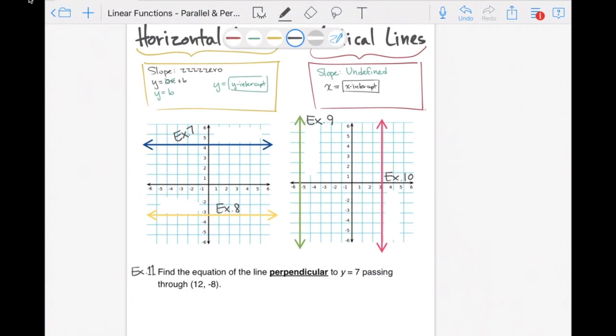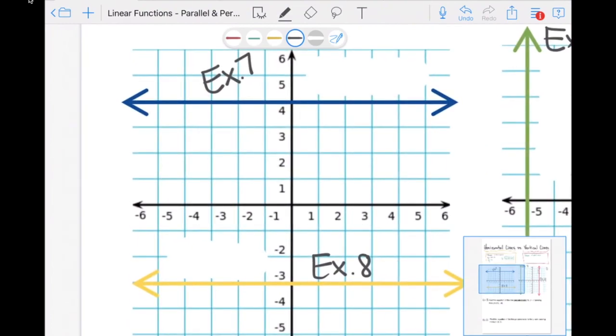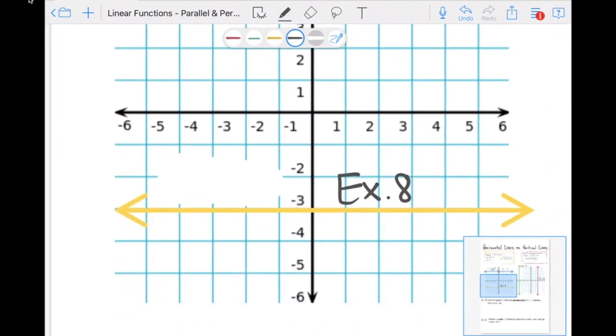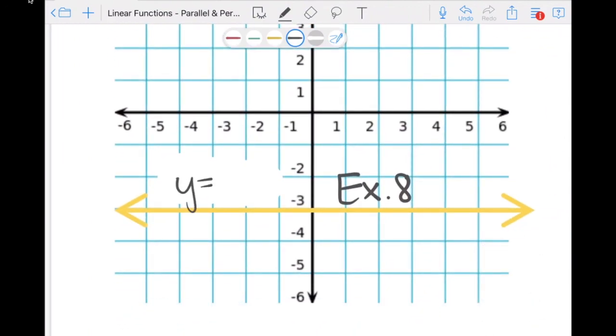So let's do some examples there. For these 2 lines, they're horizontal. Remember, the form is always going to be y is equal to whatever the y-intercept is. Here's the y-intercept, so this equation is going to be y is equal to 4. For the yellow line, again, it's horizontal, so it's going to be y is equal to the y-intercept, and the y-intercept in this case is -3.